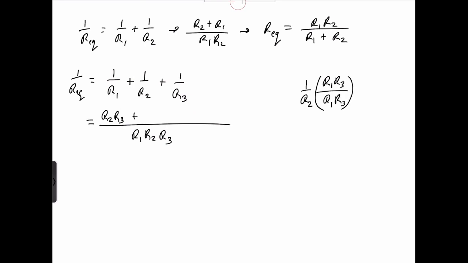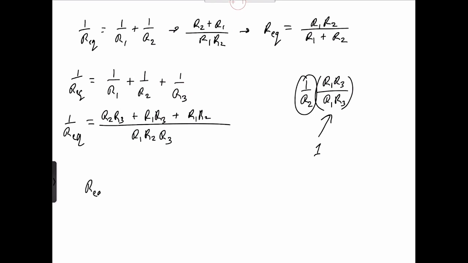You could basically not follow this method, since this is basically multiplying by 1. So we can then say we omit R2, so we get R1, R3. If we omit R3, we get R1, R2. So that is 1 over R equivalent.